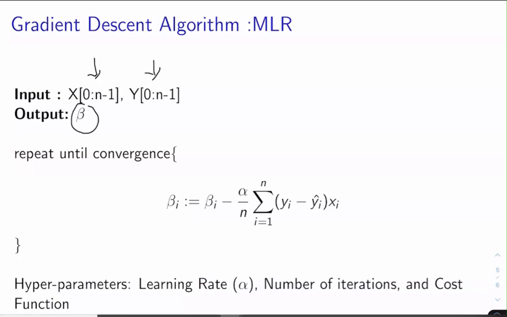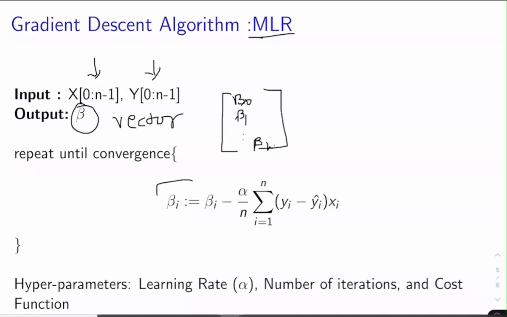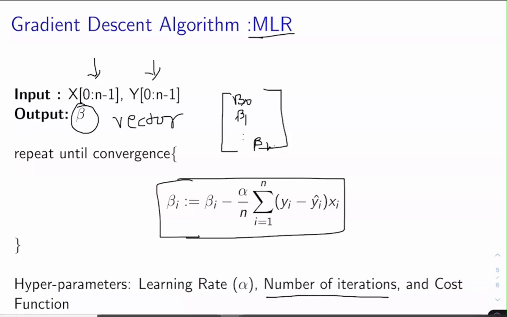The output of the gradient descent algorithm in case of multiple linear regression is beta, which is now a vector, and it gives you the values for beta 0, beta 1 up to beta k. This term is executed repeatedly, or iteratively, up to the given number of specified iterations, or until the error term is minimum.